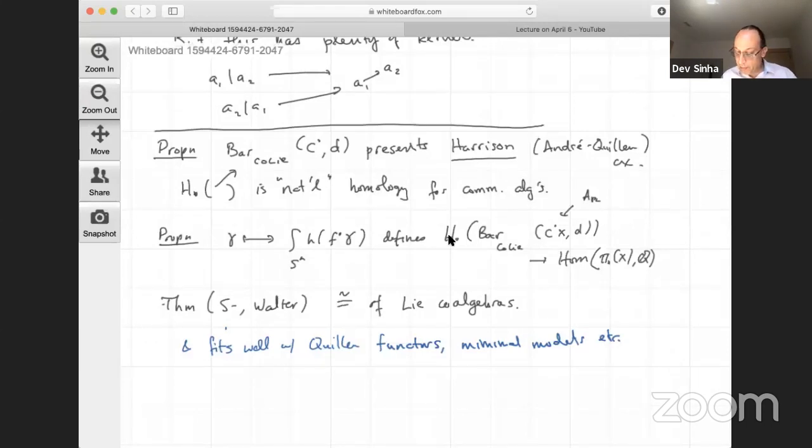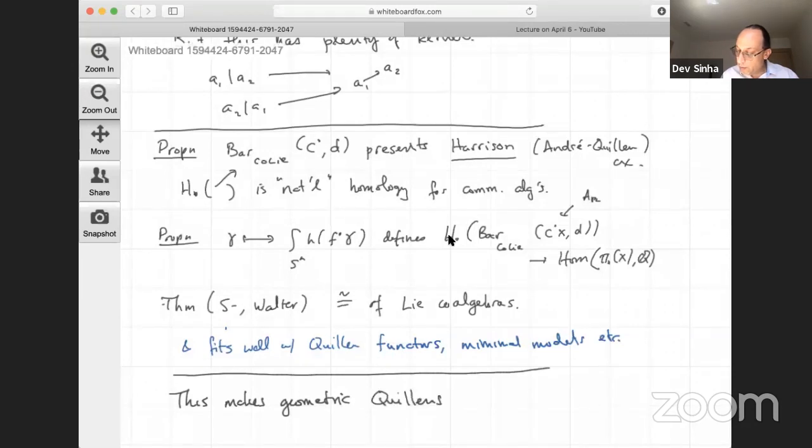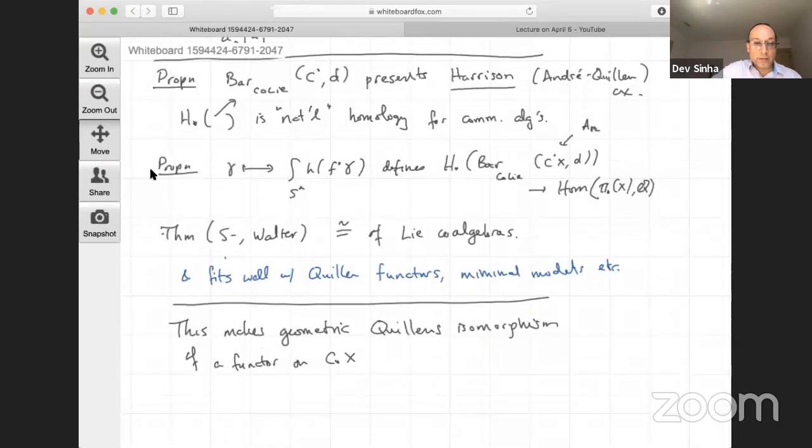You might say that this makes geometric Quillen's original isomorphism of, I'll be vague, the homology of a functor on the chains on X with the rational homotopy.